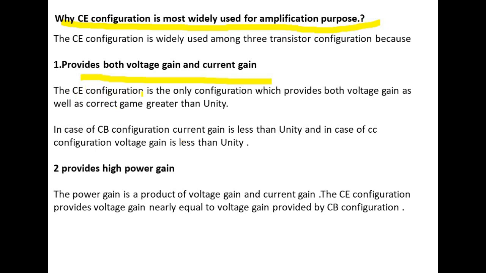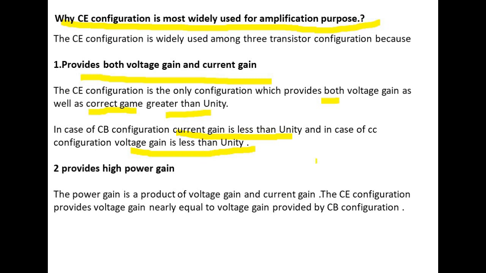The common emitter configuration is the only configuration which provides both voltage gain as well as current gain greater than unity. In case of common base configuration, current gain is less than unity, and in case of common collector configuration, voltage gain is less than unity.